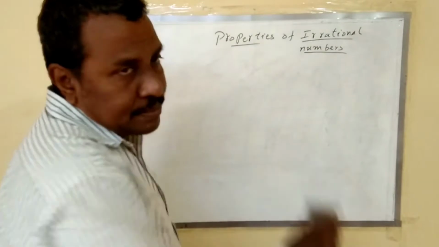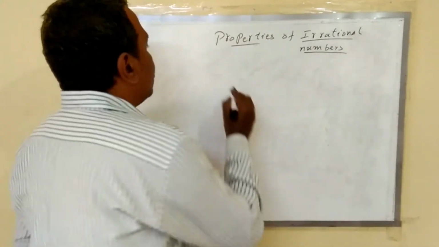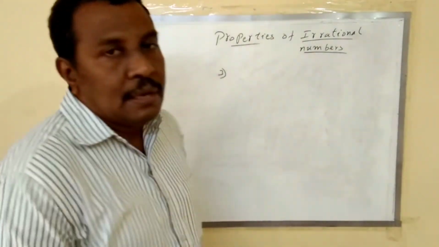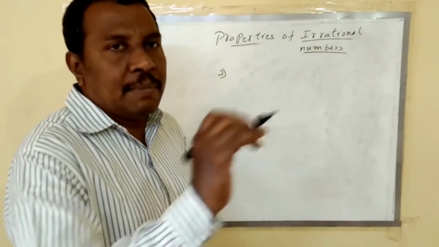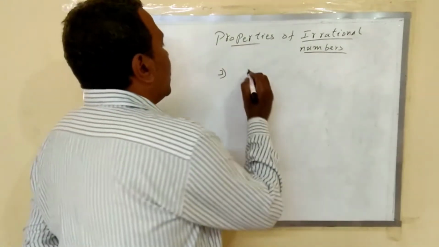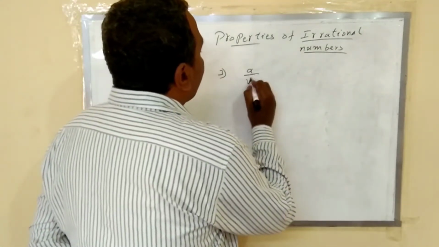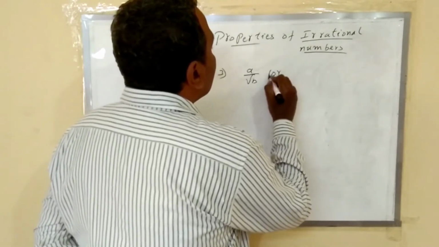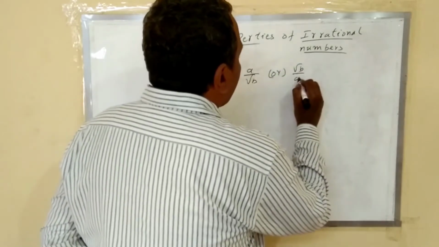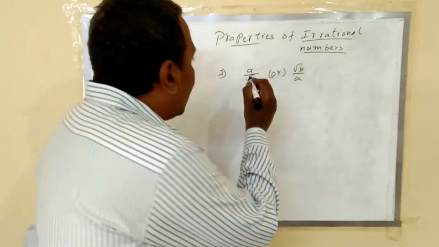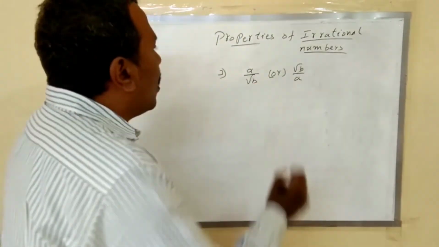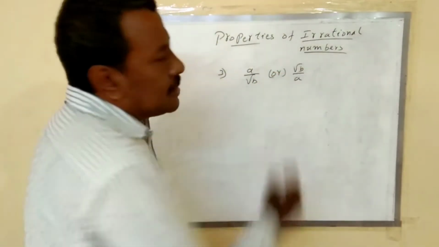Next, the third property. Quotient of a rational number and an irrational number. For example, a by root b or root b by a, where a is a rational number and root b is an irrational number.